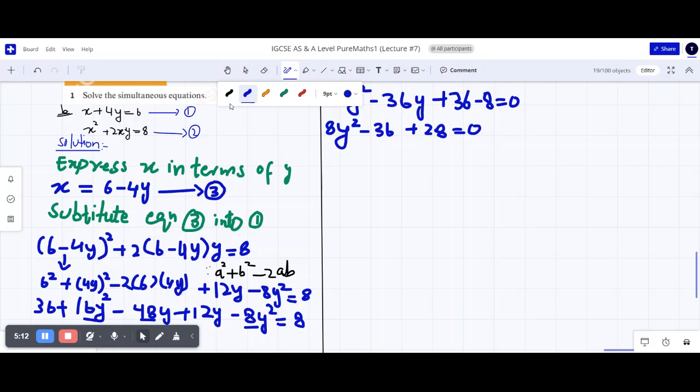After that, we can factor out 4, because 4 times 2 is 8, 4 times 9 is 36, and 4 times 7 is 28.